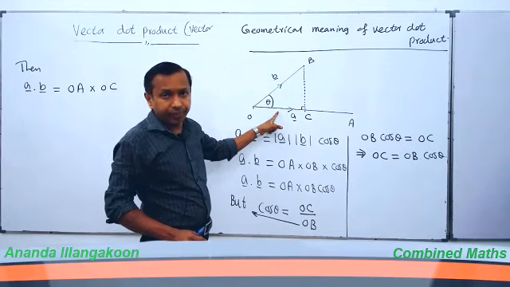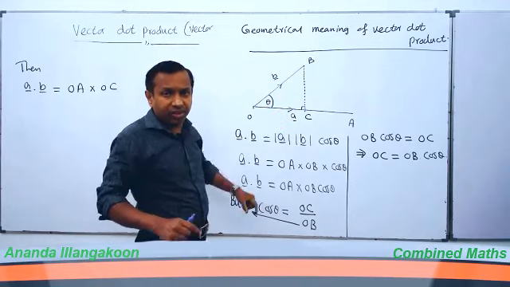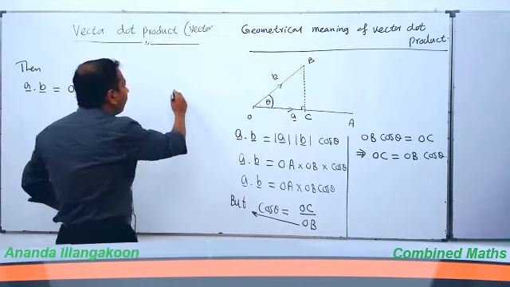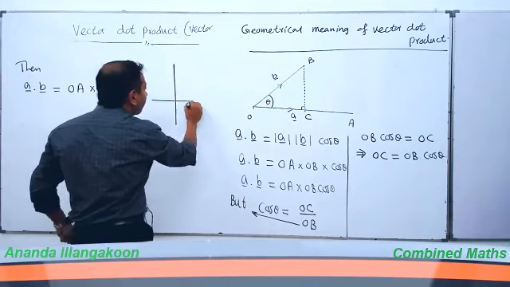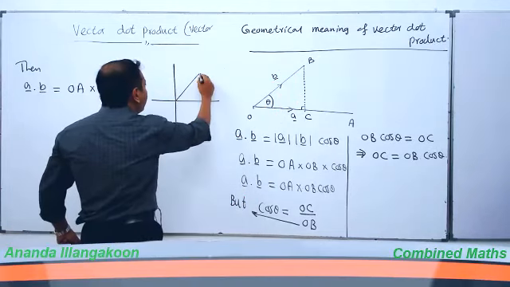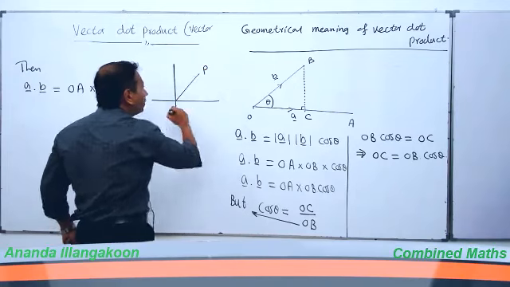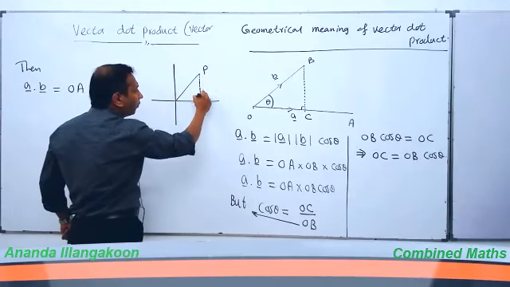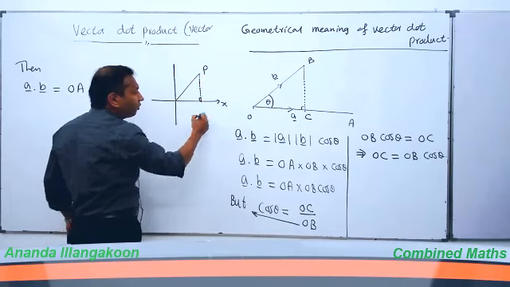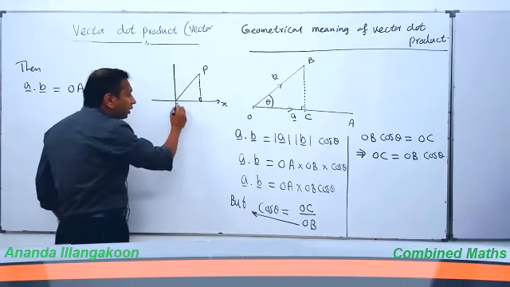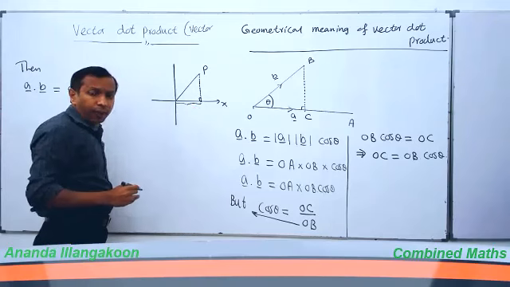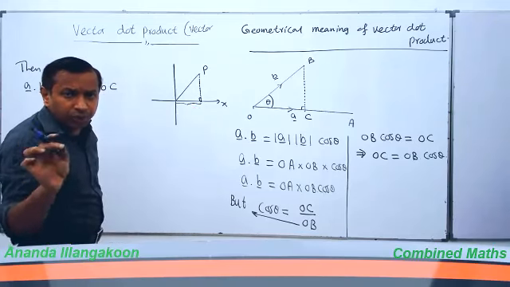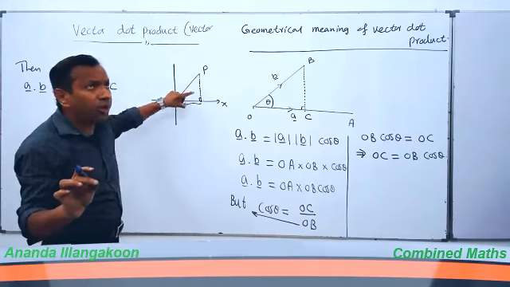Can you remember in trigonometry, we speak about this perpendicular projection. This way we have OP line segment. From the point P, we drop a perpendicular on this x-axis. Then this length is called the perpendicular projection of this OP on x-axis.